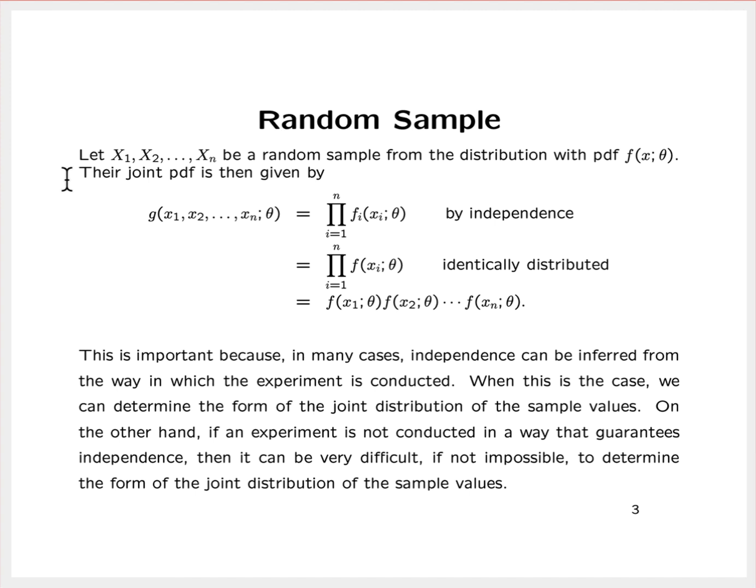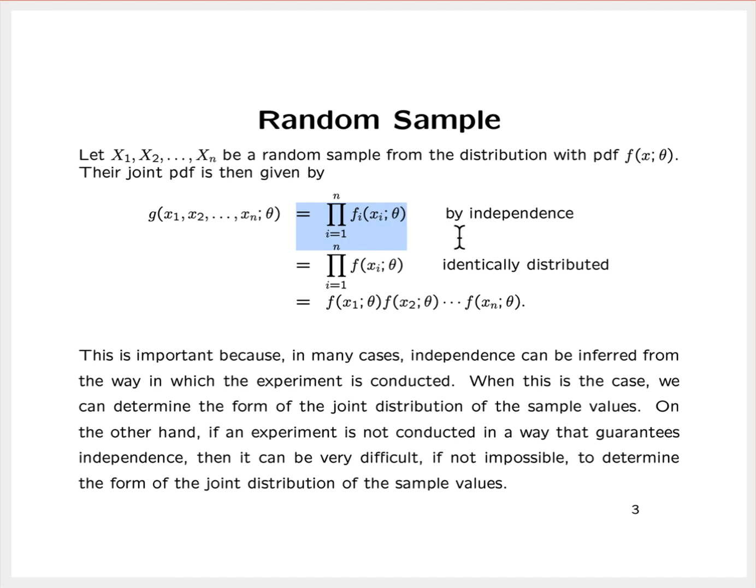Then, in this situation, the joint PDF can be obtained from the marginal PDFs in the following way. The joint PDF is equal to the product of the marginal PDFs, and this is by independence. So this first equality follows from the fact that the random variables are mutually stochastically independent.